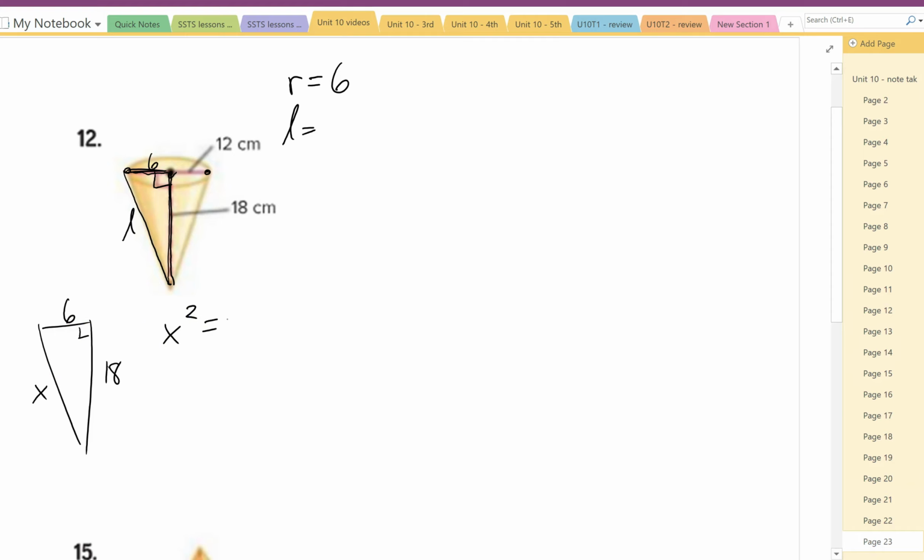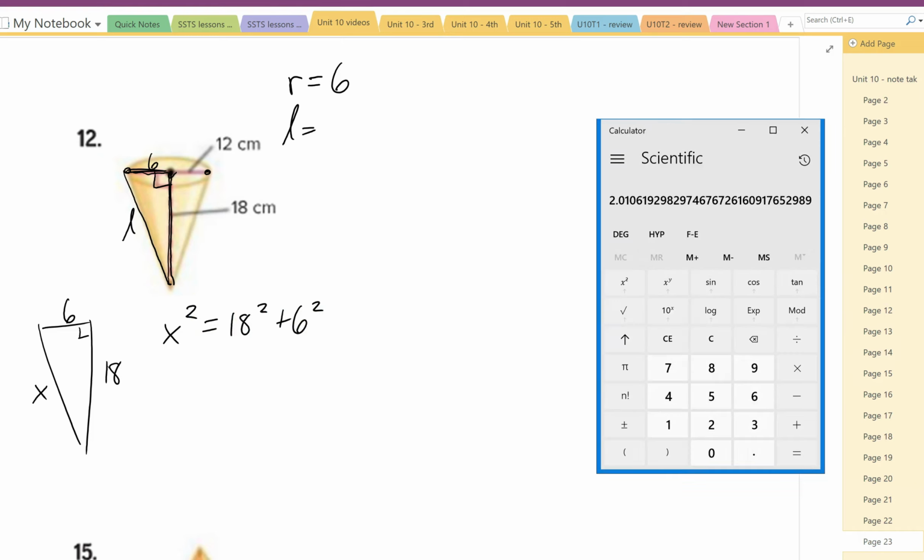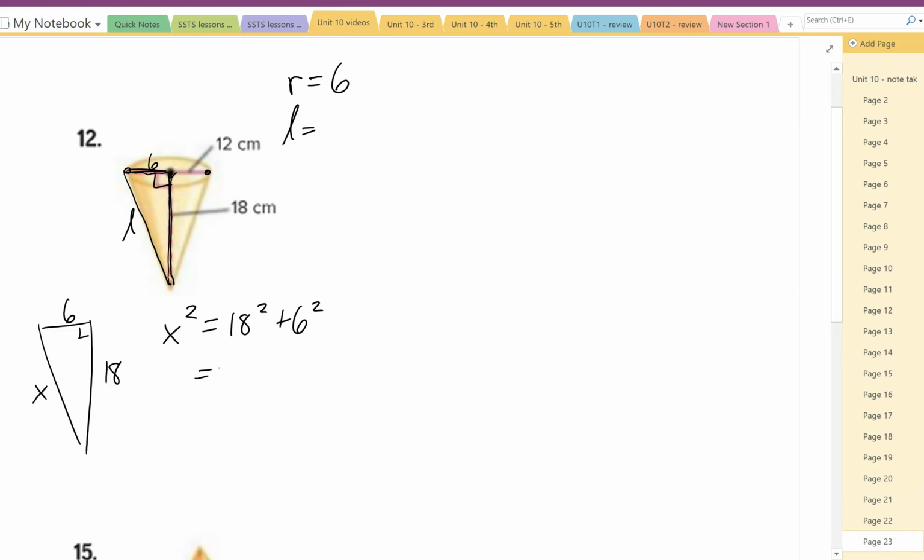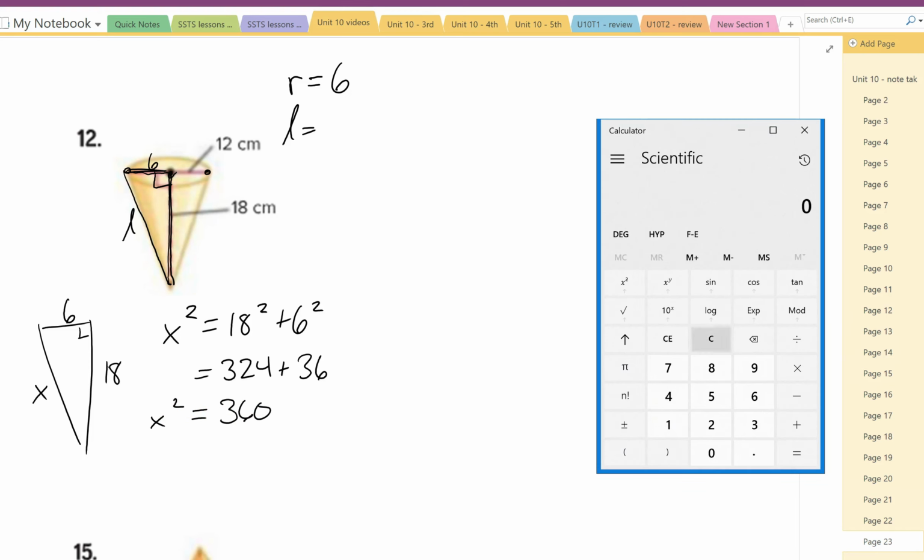So x squared equals 18 squared plus 6 squared. 324 plus 36 is going to be 360. So x squared is 360, and then I just need the square root of that.